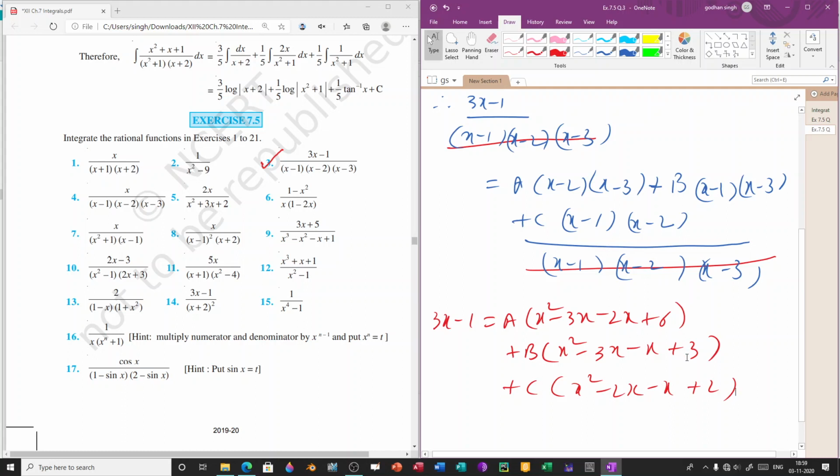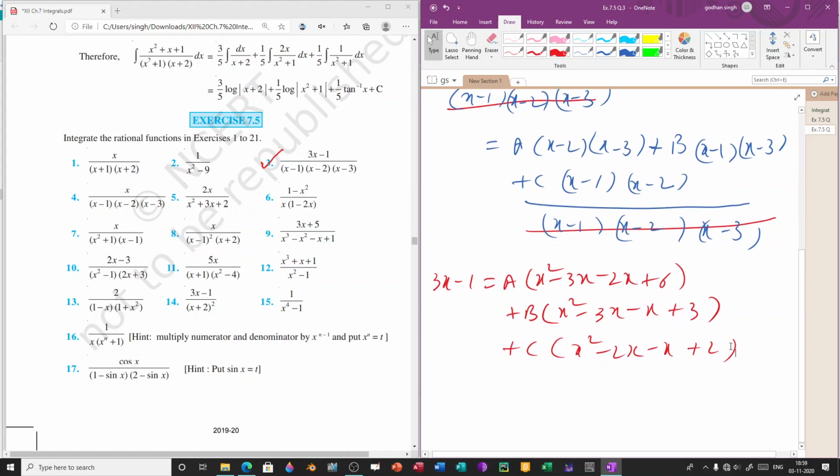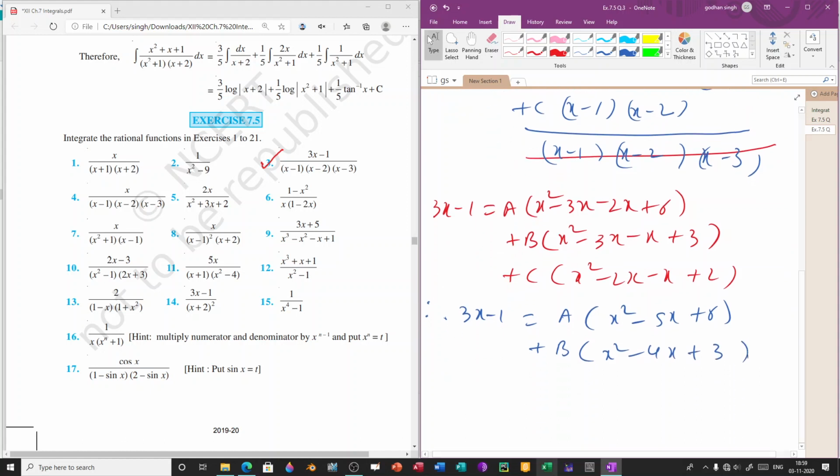Now in the right hand side we will add the like terms, so keeping the left hand side as it is, 3x minus 1 equal to A into x square minus 5x plus 6, then plus B into x square minus 4x plus 3 and plus C into x square minus 3x plus 2.